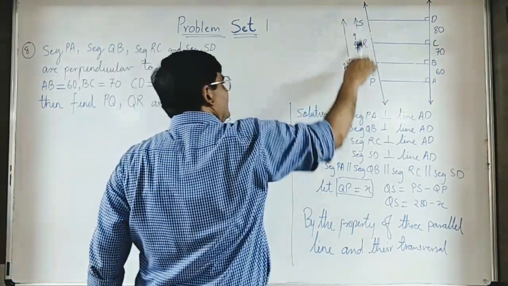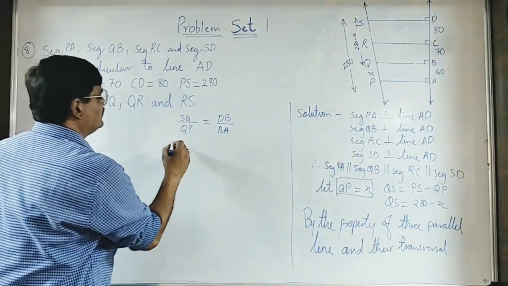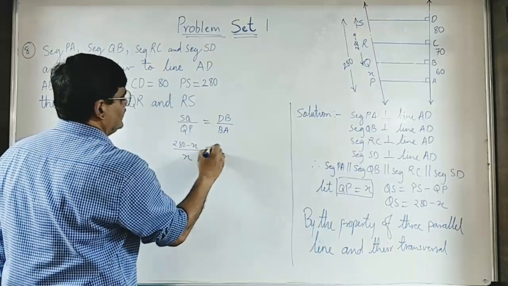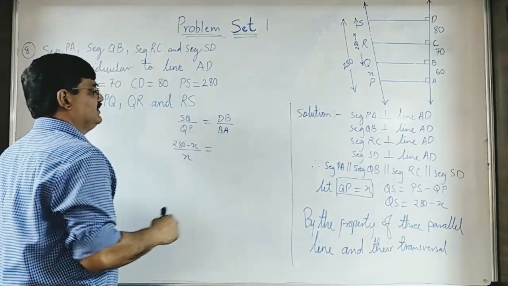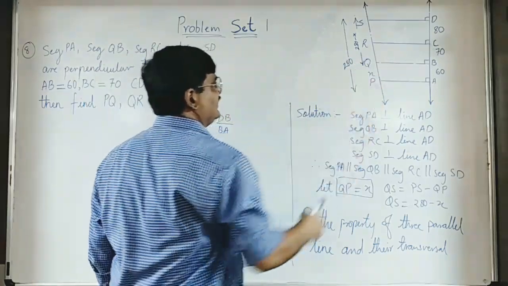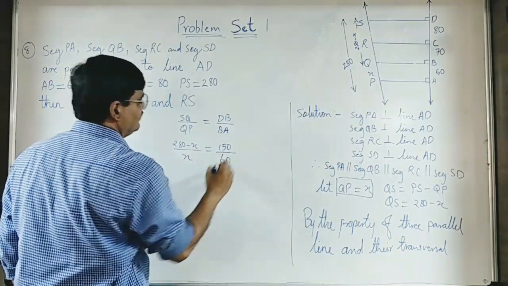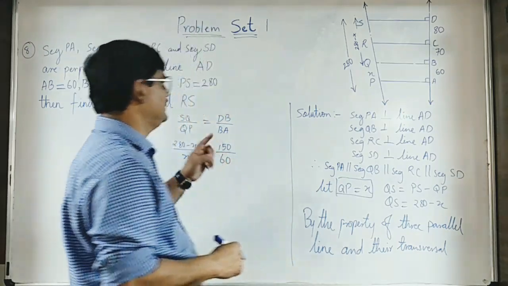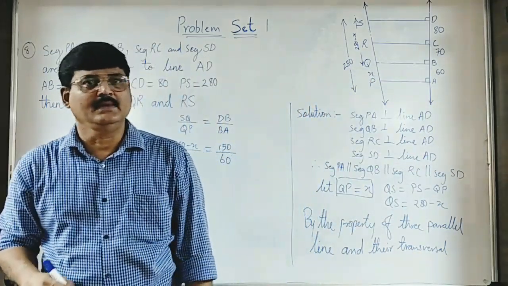SQ upon QP is equal to DB upon BA, where SQ is 280 minus X upon QP, which is X, is equal to DB total. The total comes to 80 plus 70, and if you check in the diagram, 80 plus 70 comes to 150, upon 60. So 150 upon 60, that is what the DB total comes to.